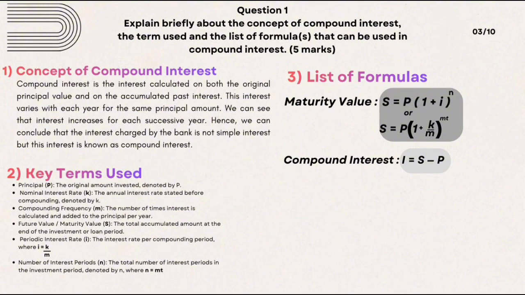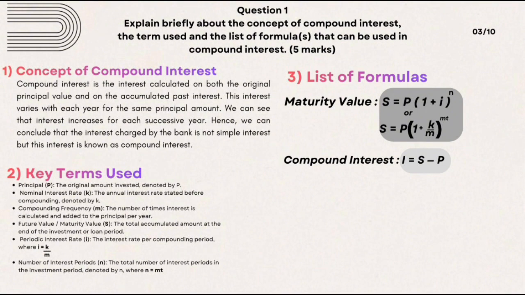The main formula used for this calculation is the maturity value formula, which is S equals P(1 + I)^N. Alternatively, it can be written as S equals P(1 + K/M)^(MT).